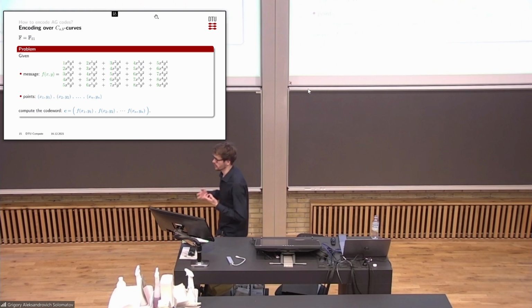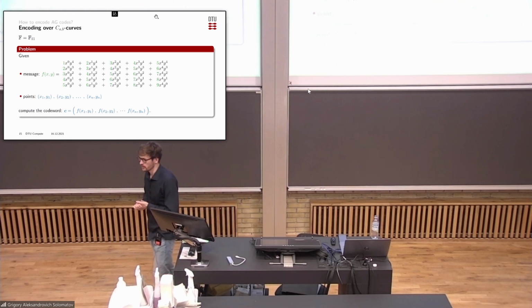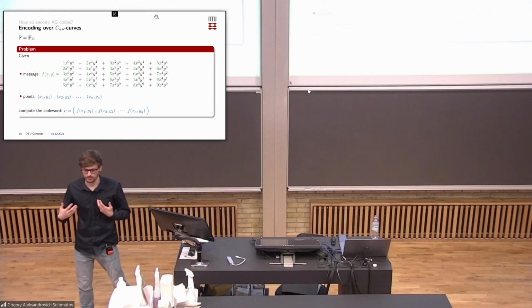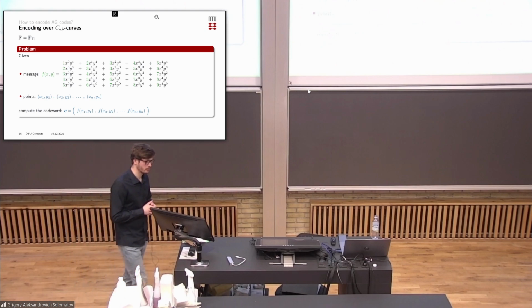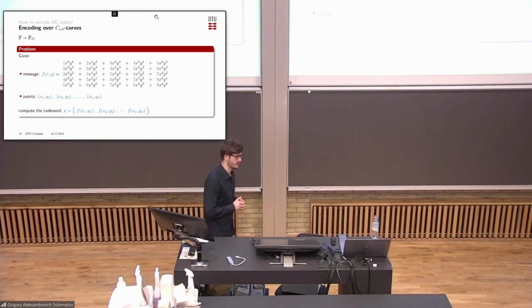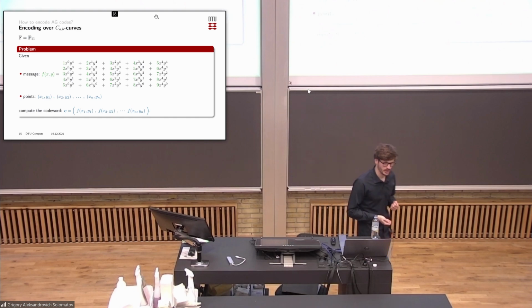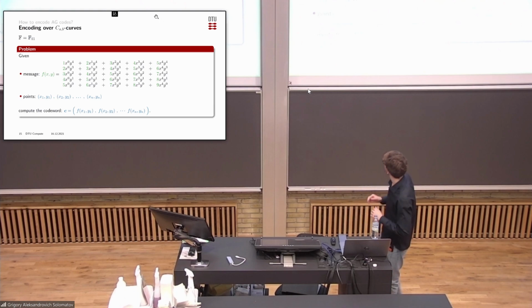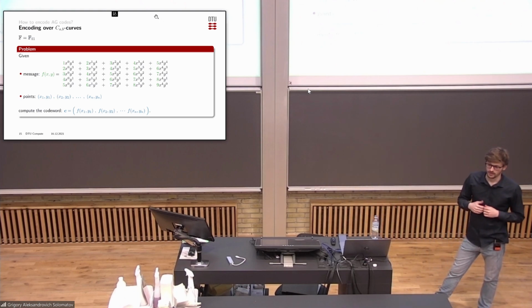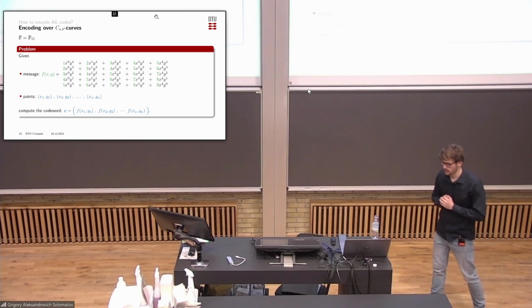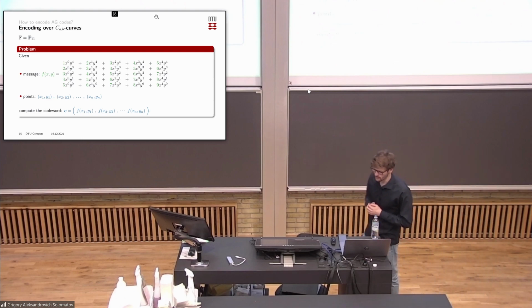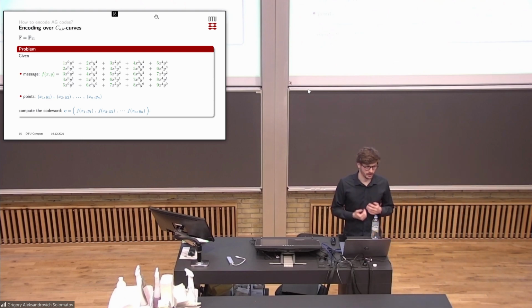They are not complicated multivariate fractions, but they can be described using just bivariate polynomials, so polynomials in two variables, which makes them particularly well suited for computation. And the problem that we would like to do, I will demonstrate how to perform this encoding algorithm that we made up. And the way I will do this is to take this particular polynomial, and I will do it by example.